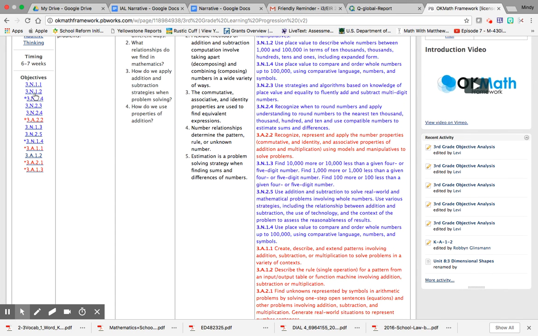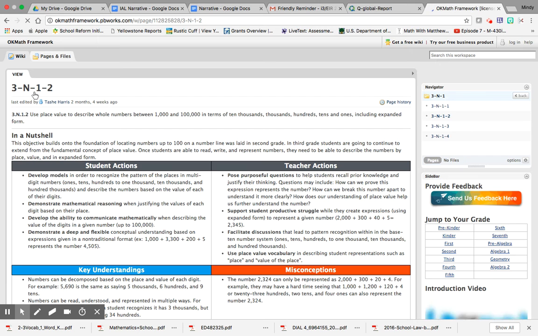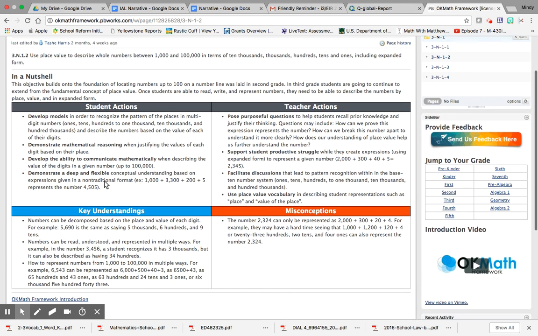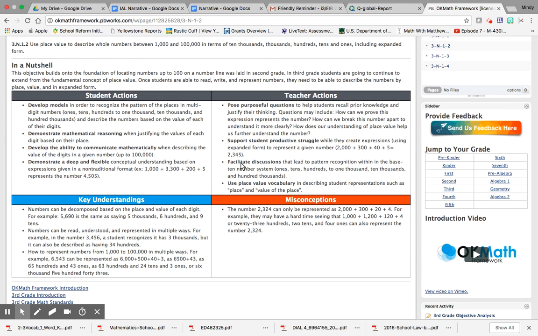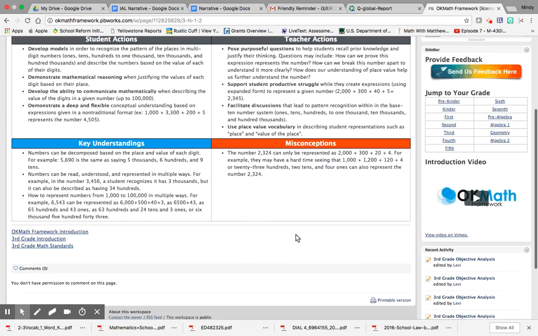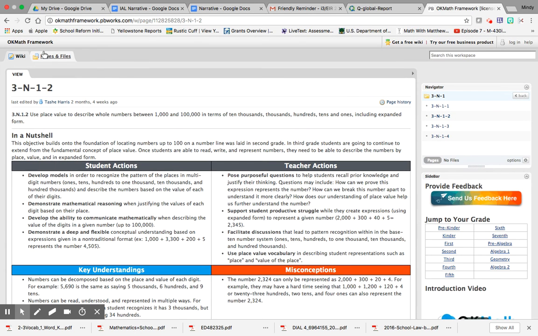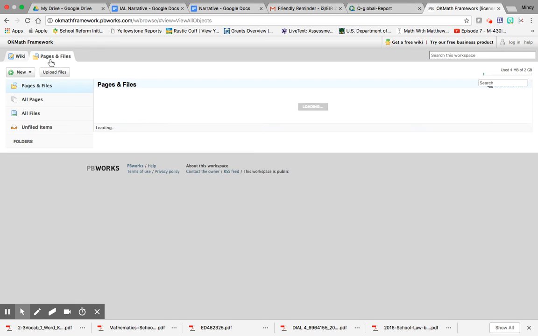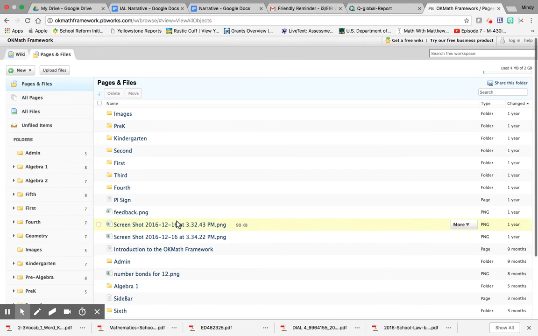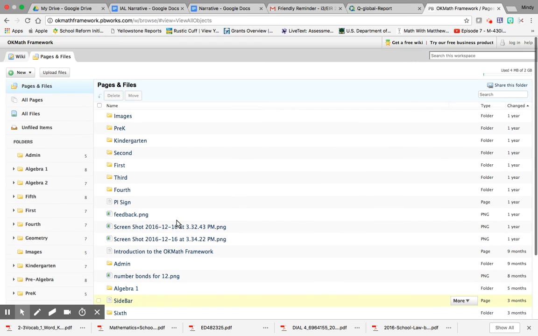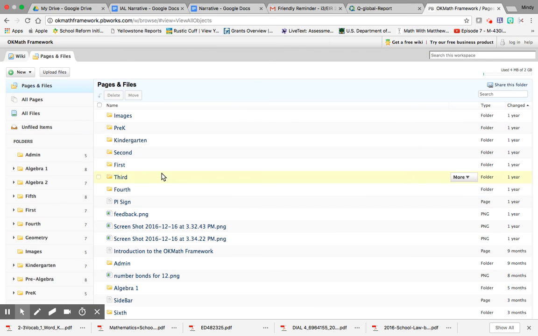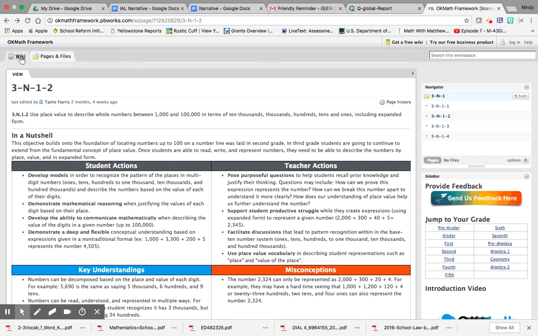If you click on an objective, it tells you student actions, teacher actions, key understandings, misconceptions, pages and files. This will take you to all the pages and files for everything, but there's a better way.